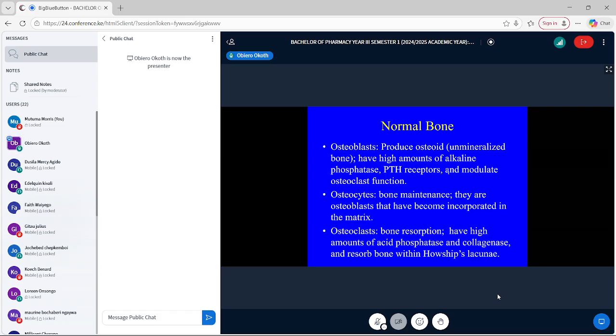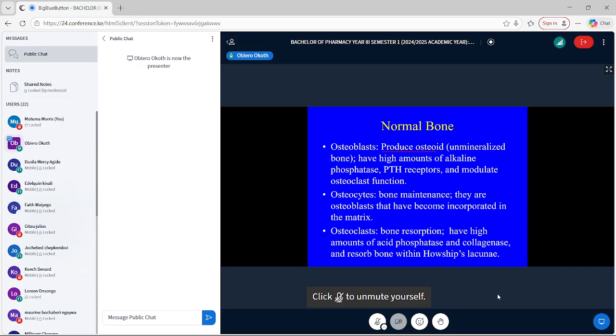A very high amount of alkaline phosphatase means a lot of bone is being laid down. Okay. Osteoblasts also have PTH receptors, parathyroid hormone receptors, because they do respond to parathyroid hormone. And also they modulate osteoclastic function, but their main function is to lay down bone. In simple terms, they make the bone.